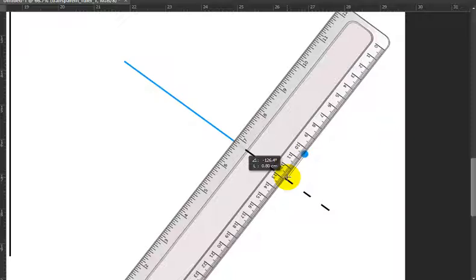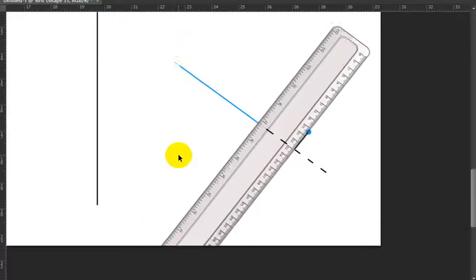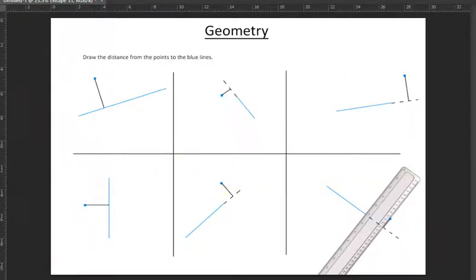And then we bring in a line from the blue point to the imaginary line, and that is the distance from the point to the line. Okay, great. So that's how we do all of these. As you saw, this is how I make the distances from line to point.